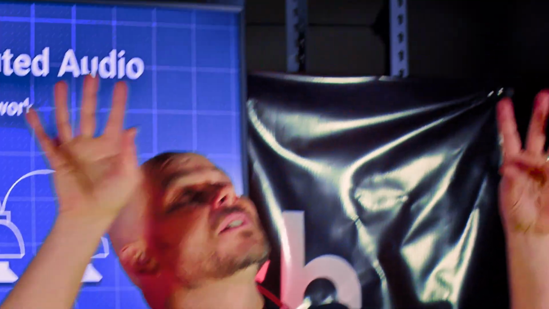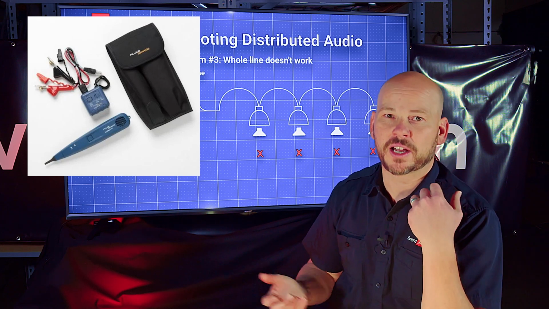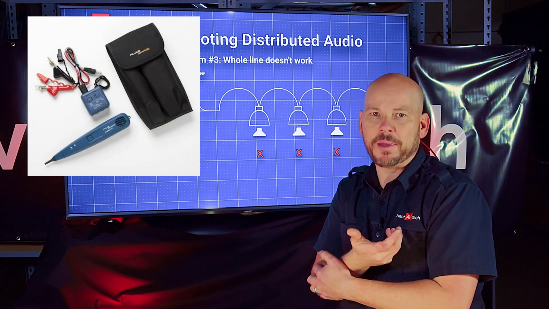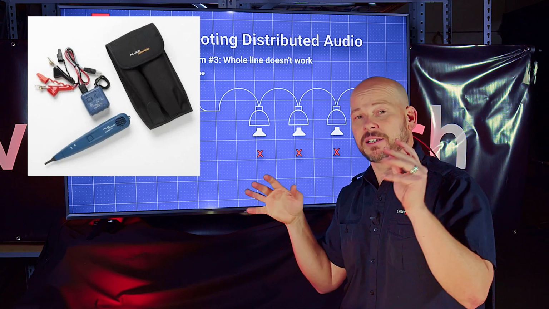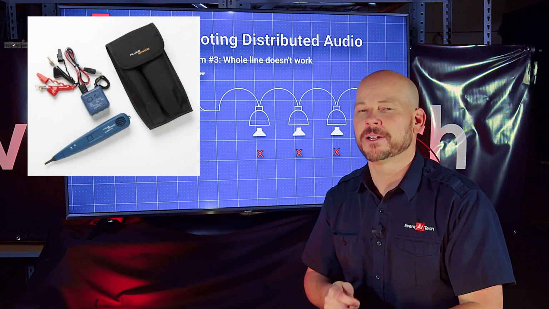We're gonna show you a little picture somewhere over here of what a tone generator looks like. We often use Fluke generators. You hook it up, it's got a 9-volt battery in it, and it makes a little noise. It sounds kind of like a car alarm.